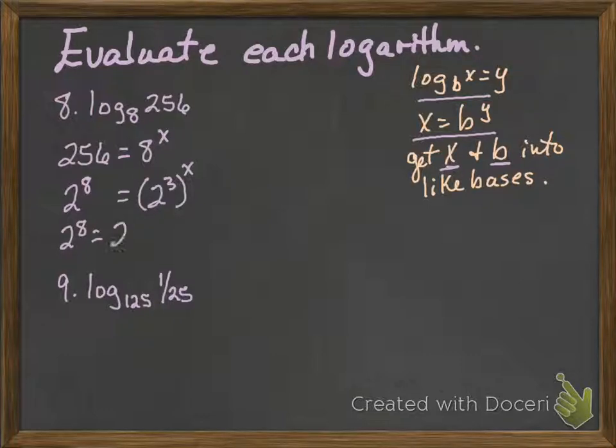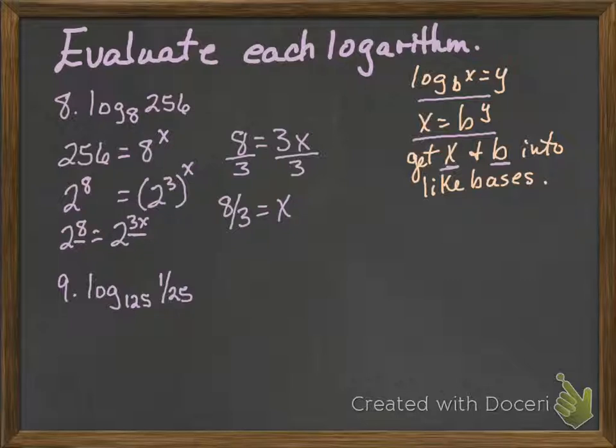So we have 2 to the 3x power. And then we're going to look only at the exponents. So we have 8 equals 3x. We want to solve for x, so we're going to divide by 3. So 8/3 is equal to x.